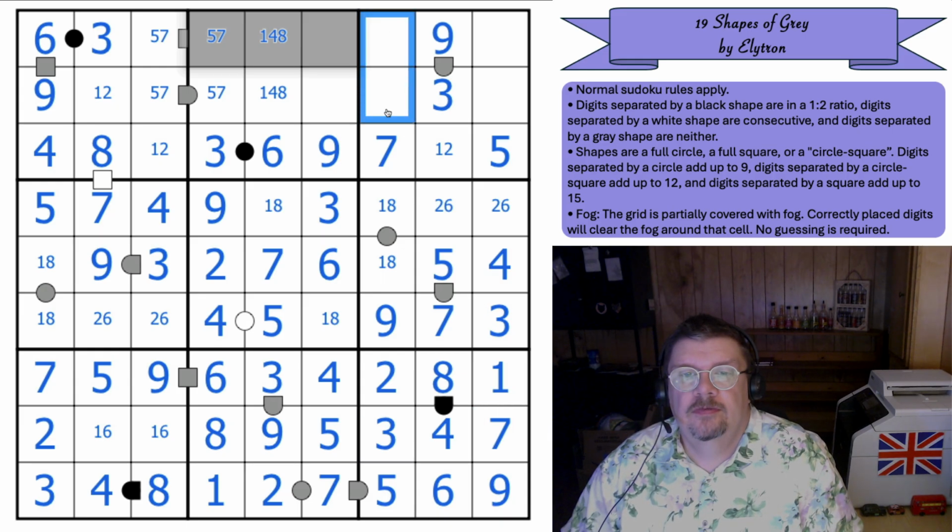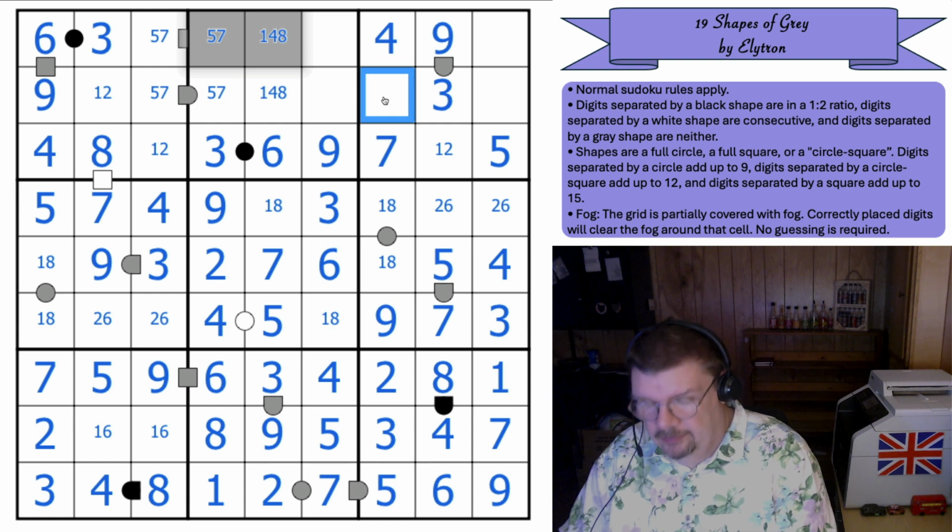These two digits are now 2, 3, 4, and 7. No, 4 and 6. And I know the order, 4 and 6.